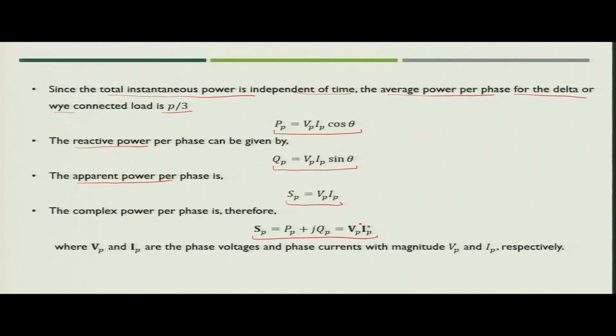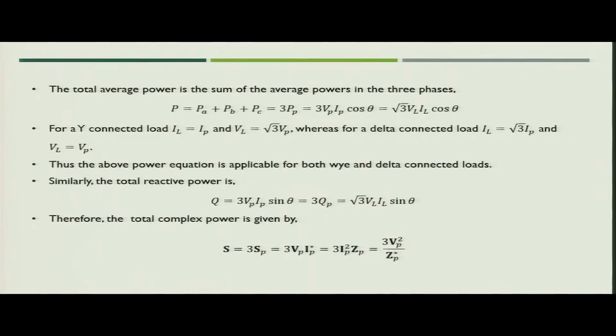In this case here V_P and I_P are the phase voltages and phase currents, and V_P and I_P are the magnitudes of the phase voltages and currents. Now, for 3 phase system, total power P is 3 times the power in each and every phase.